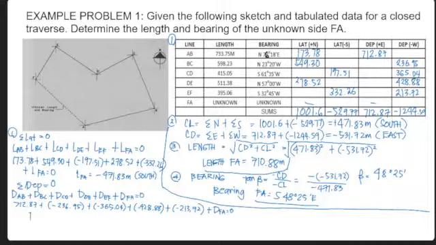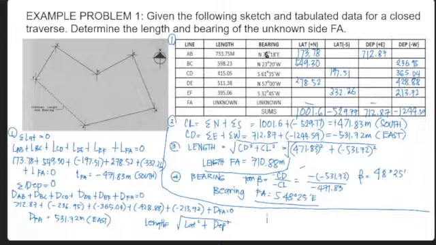Okay, departure of FA is equals to 531.72. Sure ba ha, Rolando? Na-compute. So, east. Okay. So, our length can be calculated by the square root of lat squared plus departure squared. And same lang yung makukuhang length natin with this.